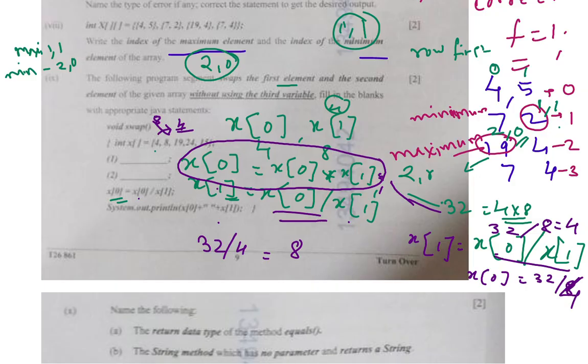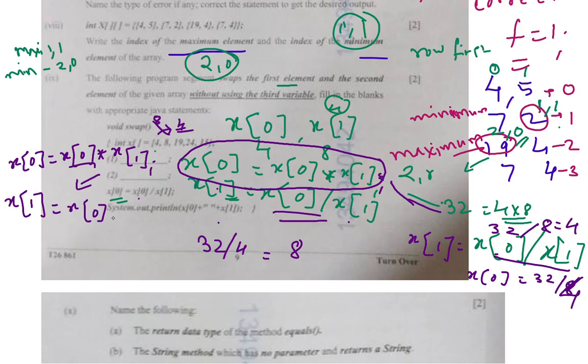A little bit tricky question, but hope you have understood. In the first step you have to write x of 0 is equal to x of 0 into x of 1, and in the second step you have to write x of 1 is equal to x of 0 divided by x of 1.